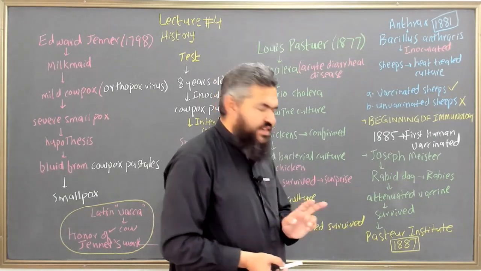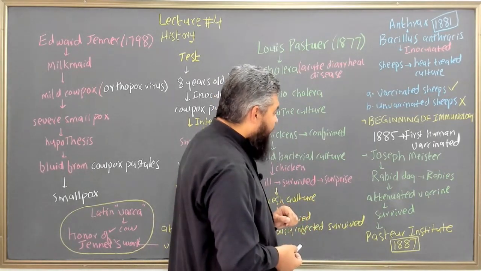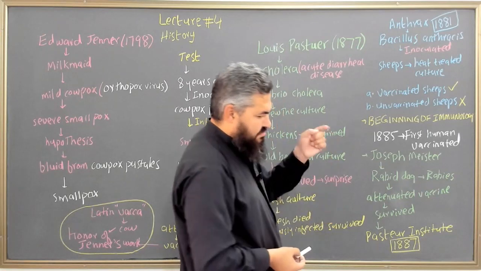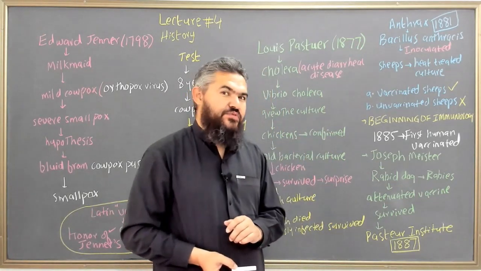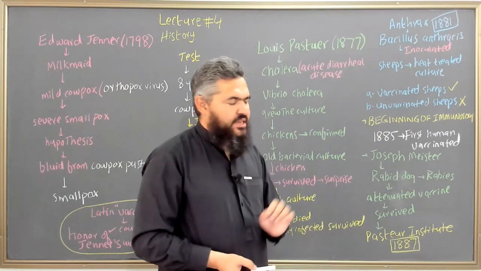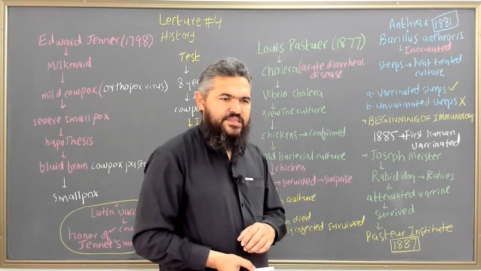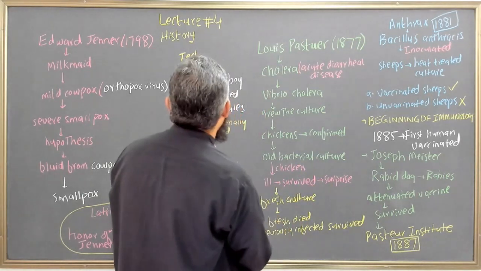So this is one of the fascinating things about the rabies vaccine. This Pasteur Institute even exists now, one of the greatest institutes in the world dealing with infectious diseases, in their treatment, and in the development of vaccines.